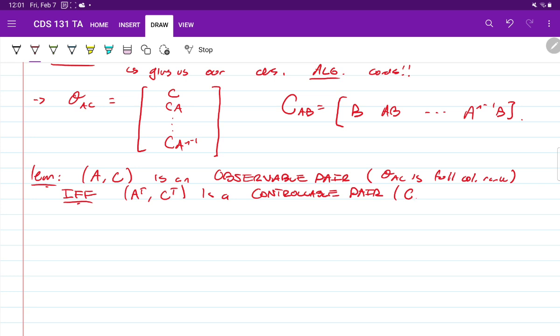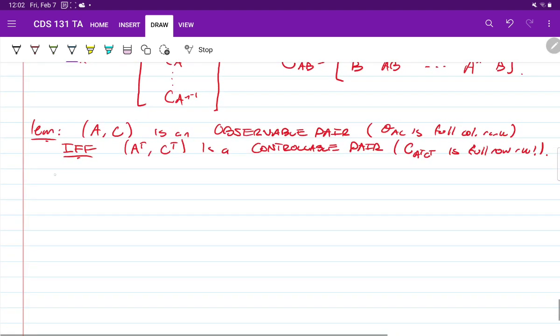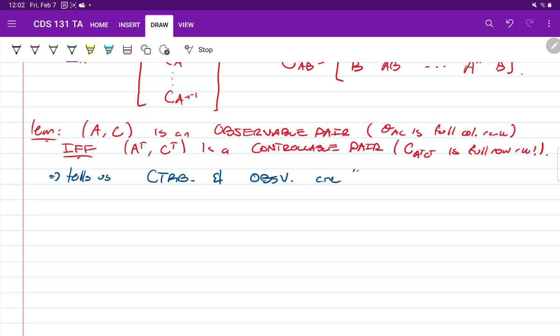So this means that the controllability matrix C(A transpose, C transpose) is full row rank. So I say (A, C) is an observable pair, which means that my state space system is observable if and only if (A transpose, C transpose) corresponds to a controllable system. All right? So this is really powerful. It tells us controllability and observability are dual concepts. Okay?